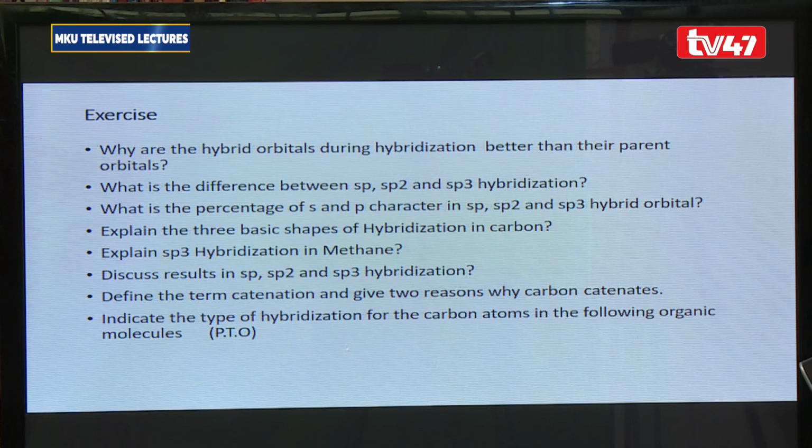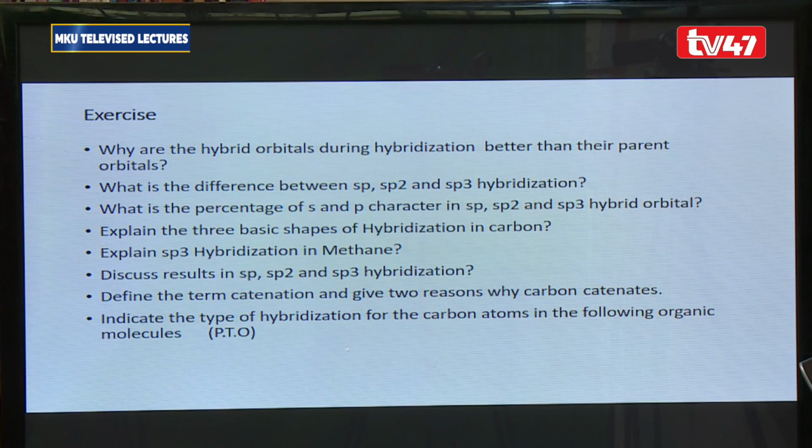What is the difference between sp, sp2, and sp3 hybridization? What is the percentage of s and p characters in sp, sp2, and sp3 hybrid orbitals? Then question number 3, explain the three basic shapes of hybridization in carbon.